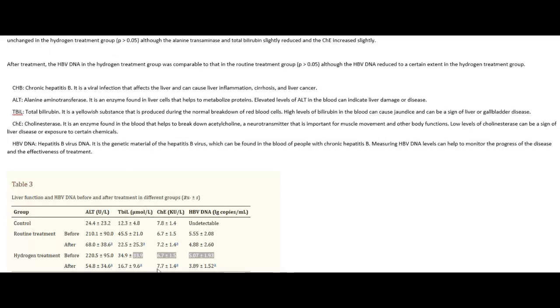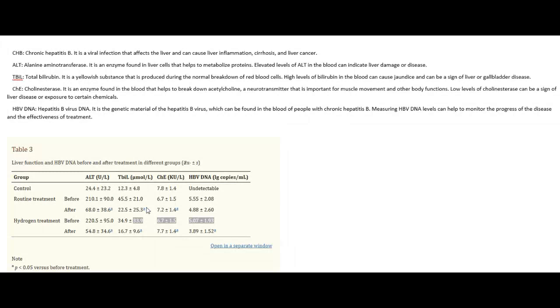Okay. So for the control group on the routine treatment it was 210.1 before treatment, plus minus 90.0, and after it was 68.0 plus minus 38.6.